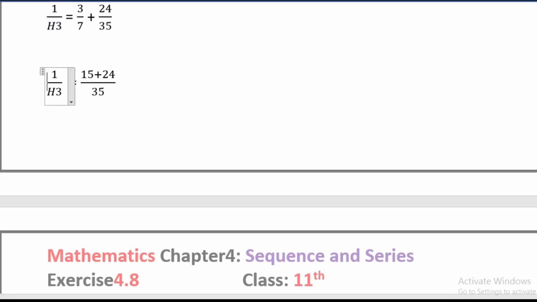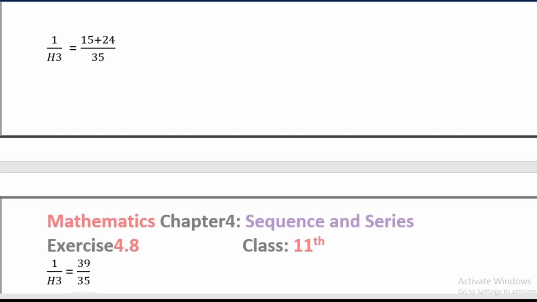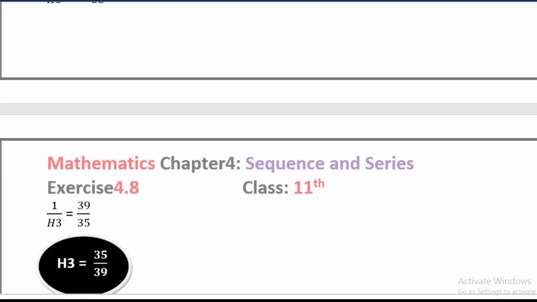So 1 divided by H3 is 39 divided by 35. So the reciprocal gives H3 equal to 35 divided by 39.